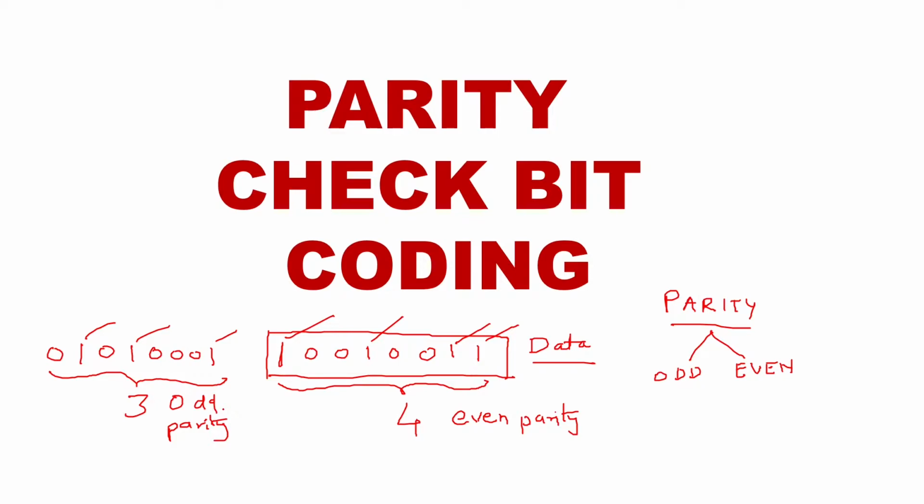You have to see this at the receiver, and at the receiver you will understand whether an error has occurred or not. If an error has occurred, then you have to tell the transmitter to retransmit the data. Clear? Before going into this method, we will see what we mean by error and error detection, and then we will come to parity, odd parity and even parity.